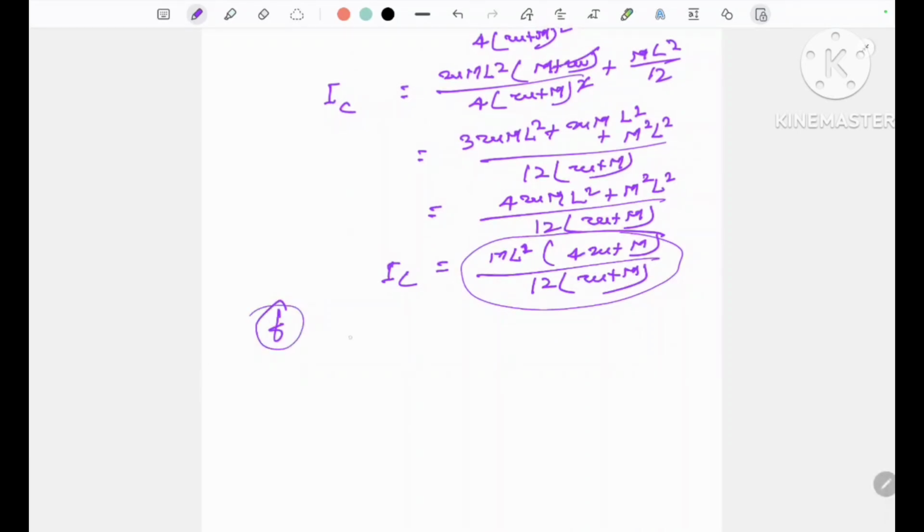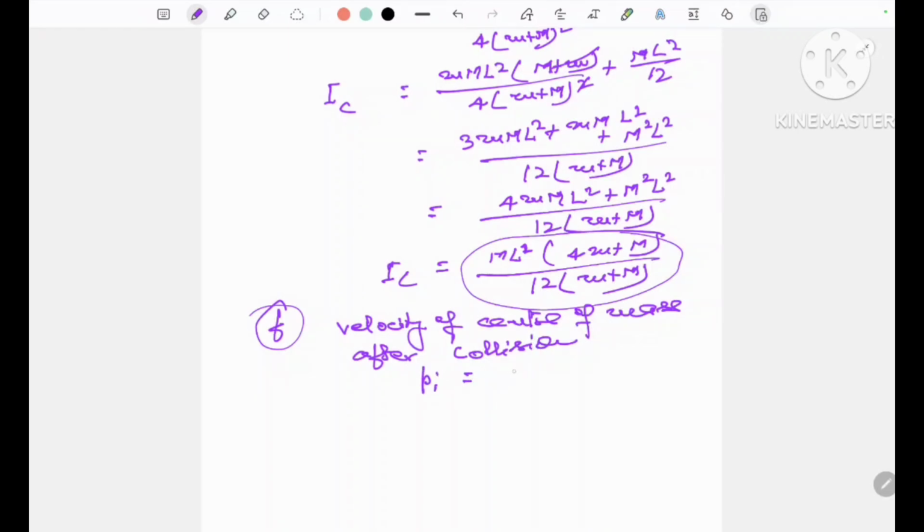Velocity of center of mass after collision: initial momentum Pi is mv plus M into 0, equal to mv.